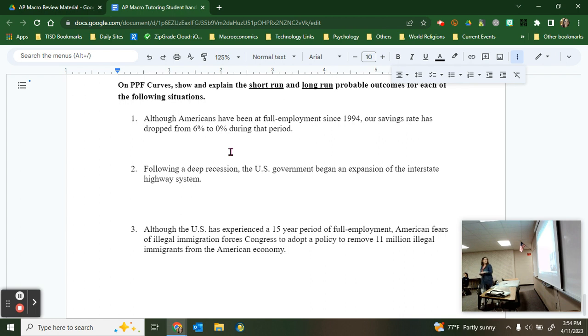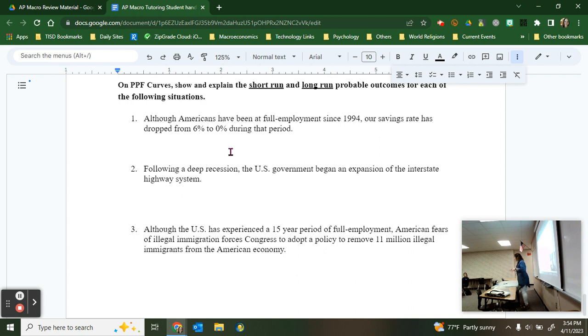Okay, this next question. Following a deep recession, we're getting inside the curve. We're in a deep recession, so we're starting at A. And it says government begins expansion of the interstate highway system. In the short run, this is FDR's New Deal. We're going to build roads, we're going to build bridges, we're going to put people back to work.